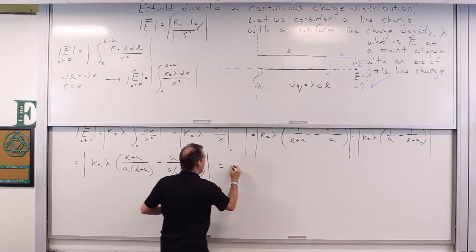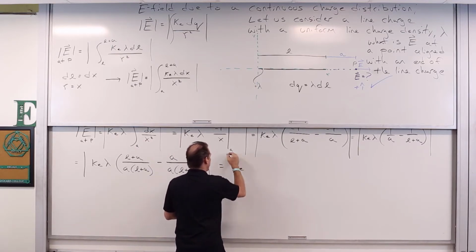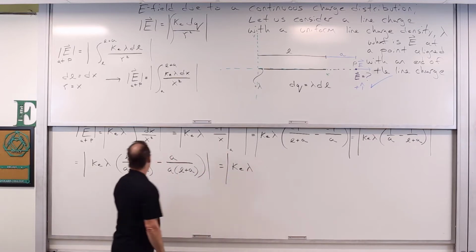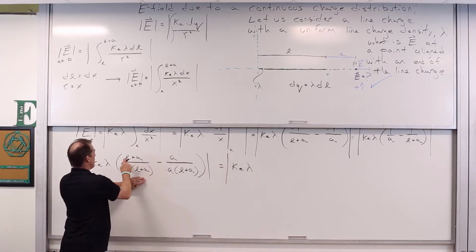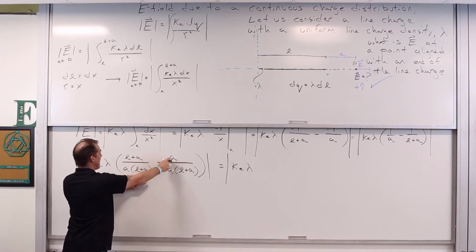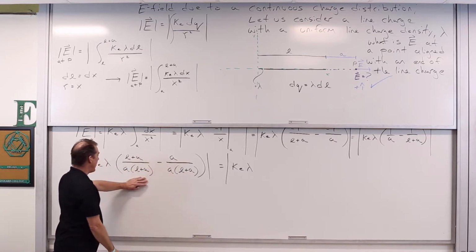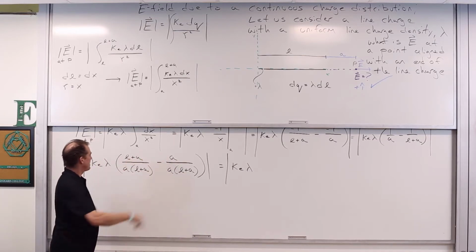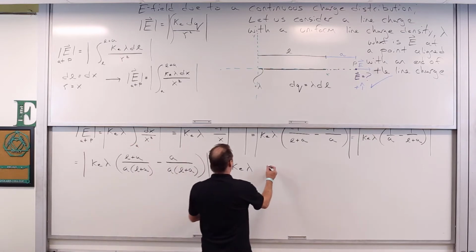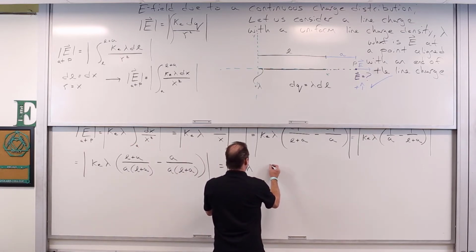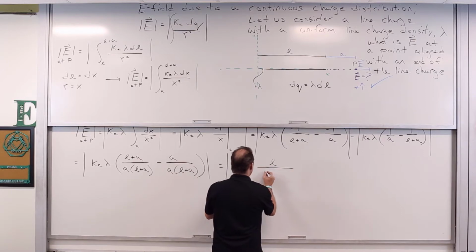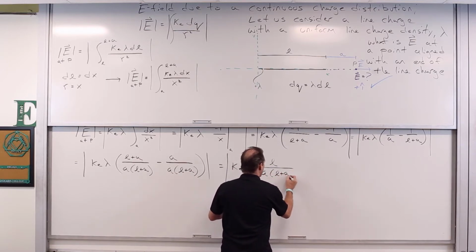Close absolute value. And this is going to be equal to the absolute value of k sub e times lambda. And what do we get? Common denominator here. So we've got L plus a minus a divided by the quantity of a times L plus a. So the a minus a goes away, and we are left with, this is multiplied by L divided by a times L plus a.